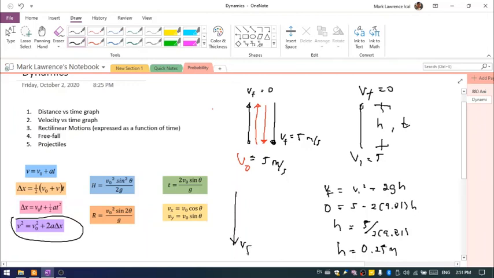Okay, so let's try using this one going down. So the initial velocity, again, since this is already free fall, is 0. Okay, so now we're going downward. So our height is the same, 0.25.